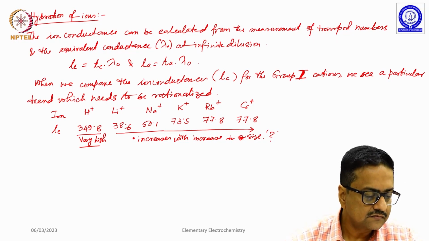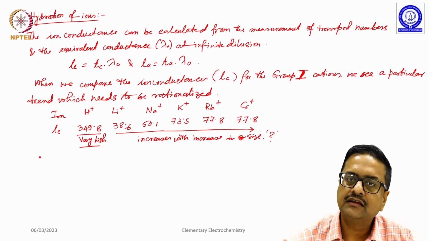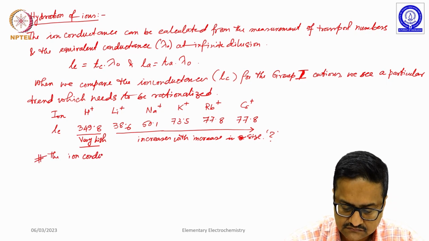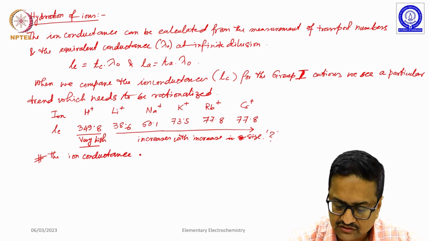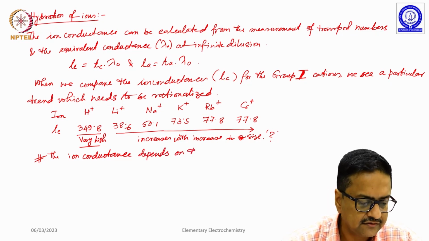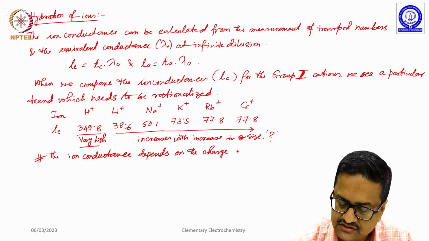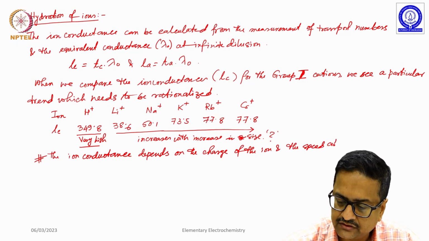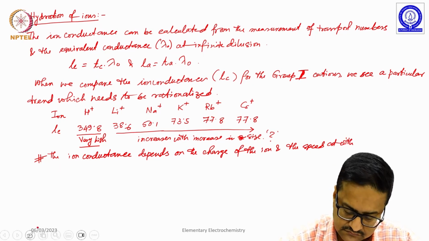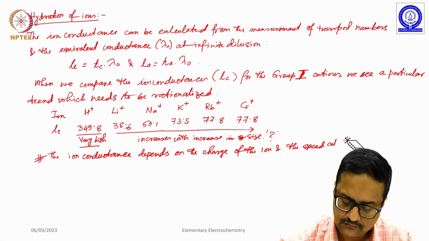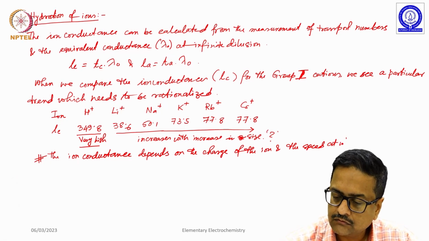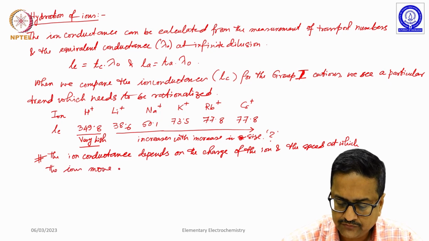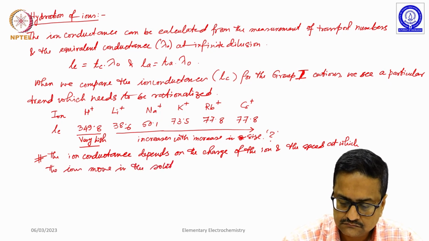So, one thing you must accept is that the ion conductance depends on the charge of the ion and the speed at which the ions move in the solution, right?